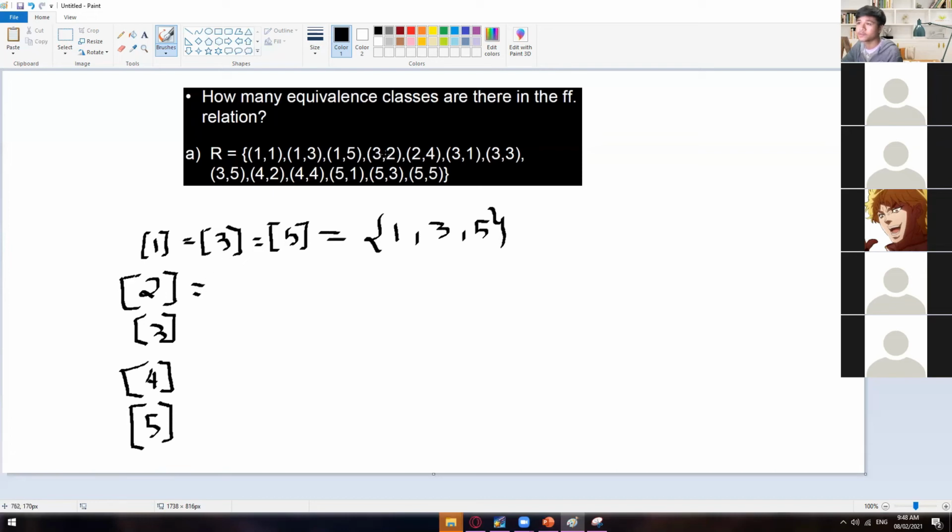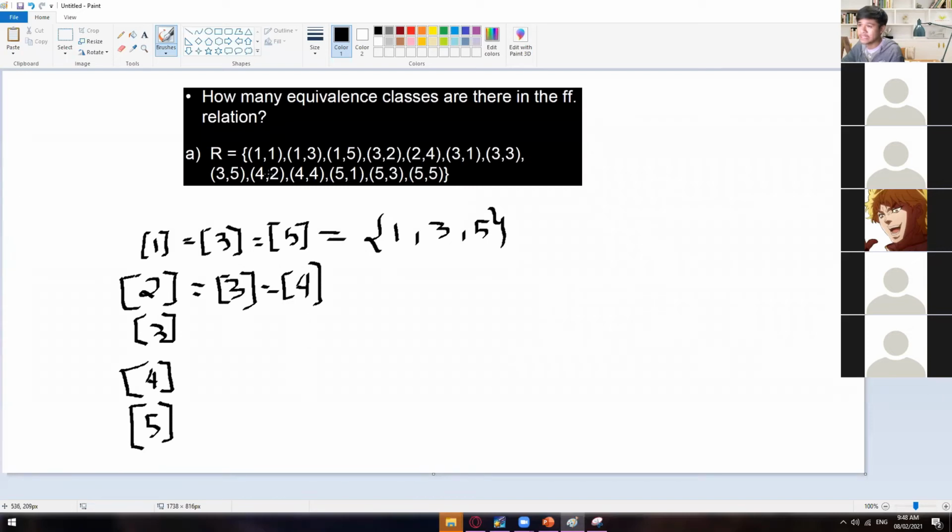How about 2? So 2 is also related with 3, so they are in the same class. How about 4? Yes, so they are also related in one class. 2, 4. What about 1? We don't have 2, 1. It doesn't matter what the arrangement is, so we can have 2, 4 or 4, 2.